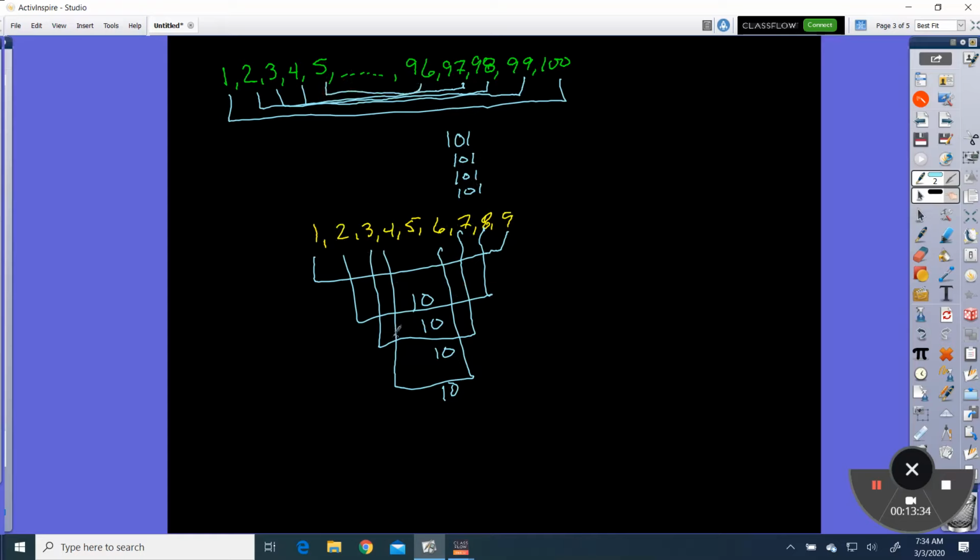How many tens were there? 4.5, right? 5 was half of that. So if I have 100 numbers, there would be how many pairs of 101? There'd be 50 pairs of 101.